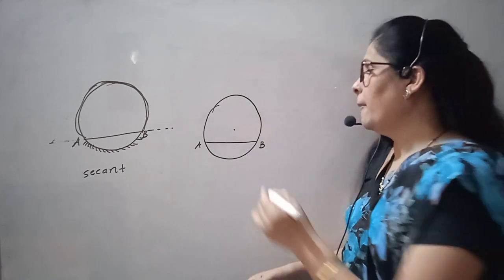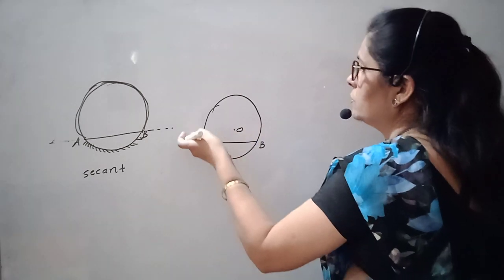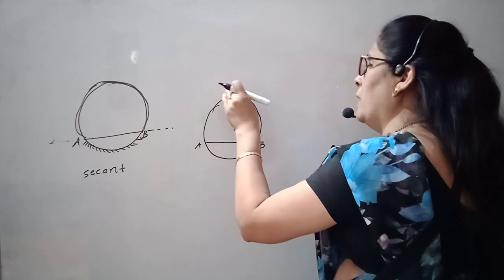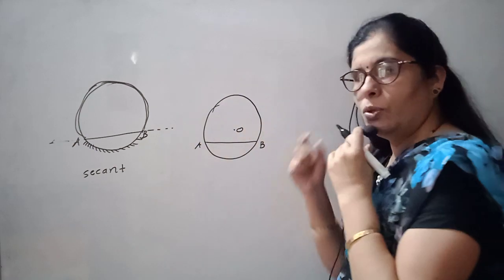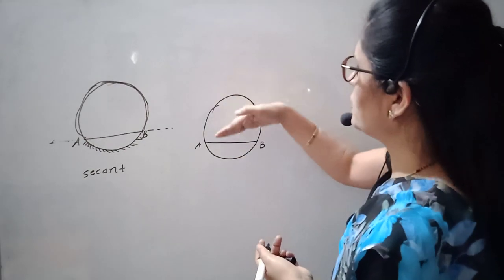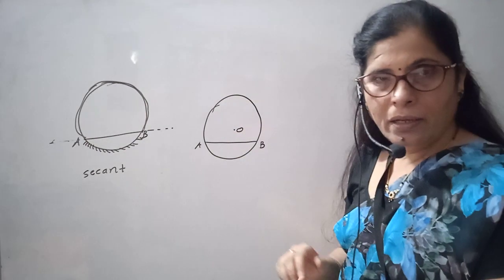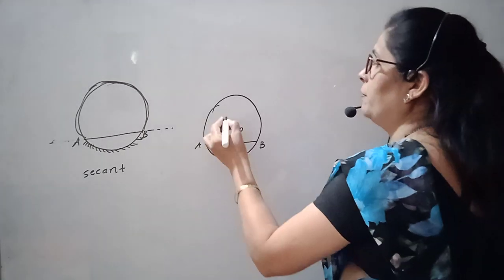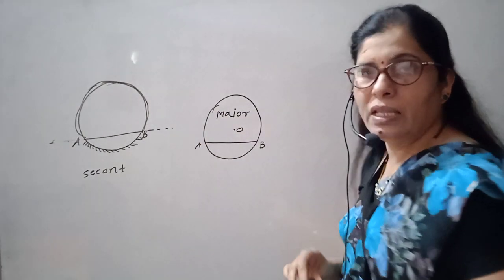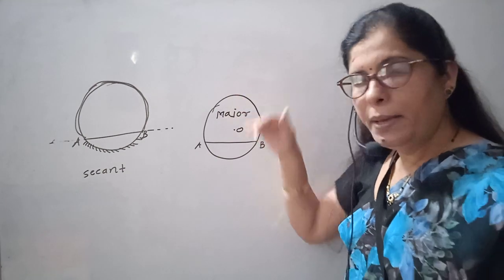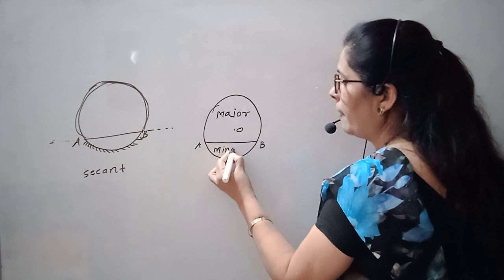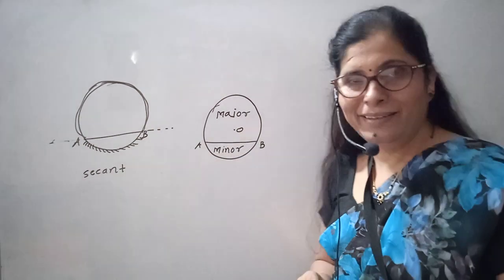Now suppose here is chord AB, then this part is known as the center sided part. This center sided part is the major arc, and the opposite part is the minor arc.